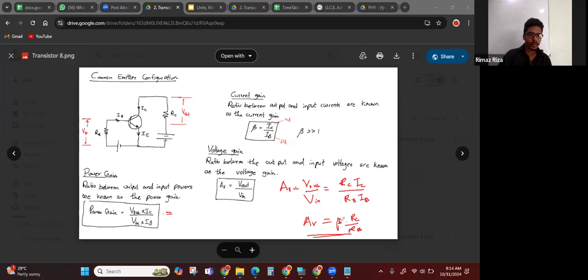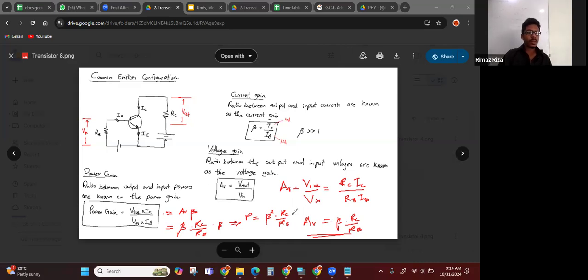V out over V in is AV, and I out over I in is beta. AV is beta times RC over RB, times beta. Therefore the power gain is beta squared times RC over RB.